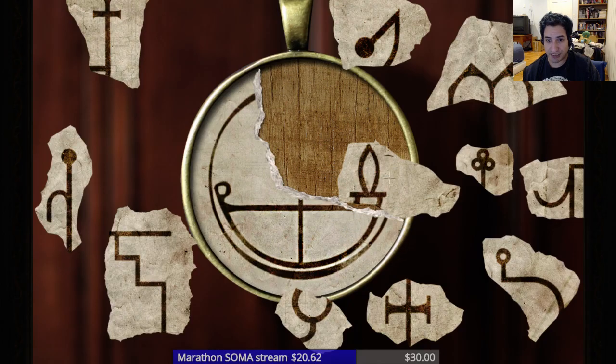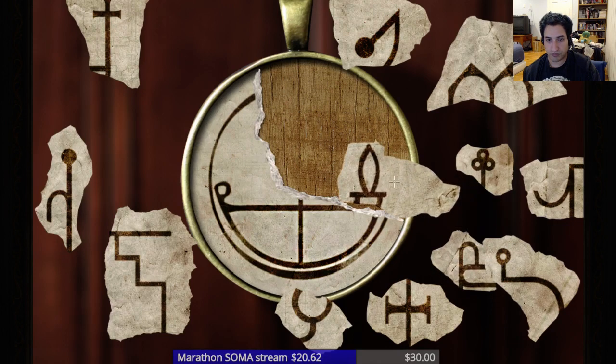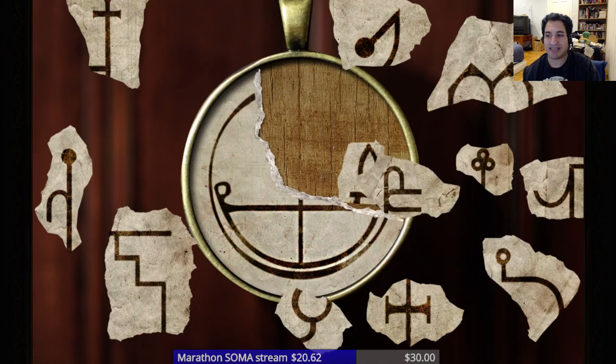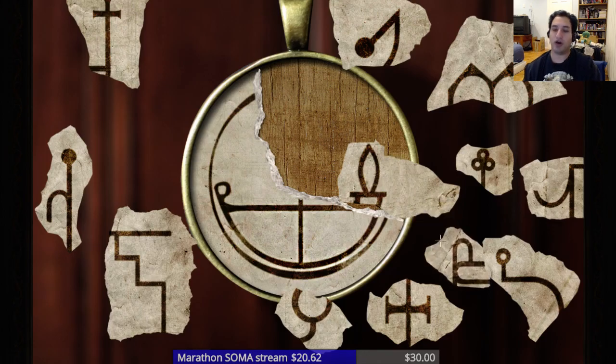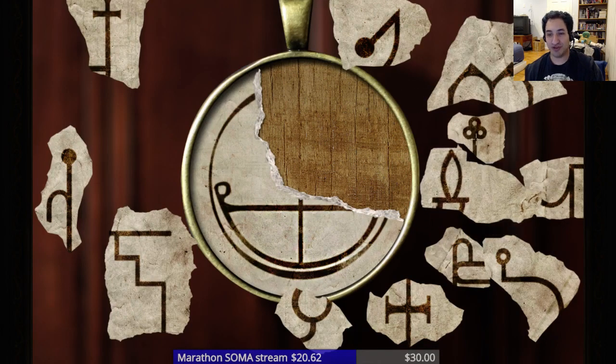If something snaps into place... Oh, that's snapping into the same place. If it's part of the sigil at all, that is a really good point. I had not considered that some of these might not be useful for the sigil.